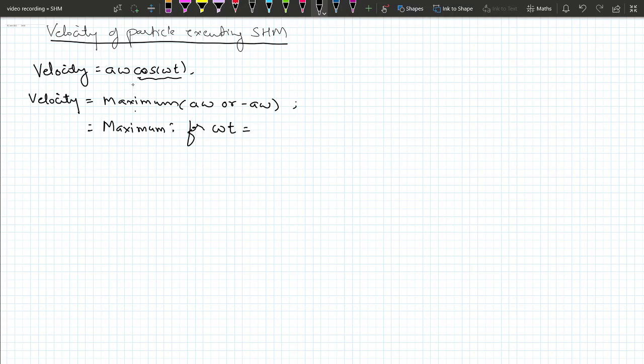So omega t, this is the argument theta, should be equal to n pi, or in general whenever it is 0, pi and 2 pi. The same thing I can write in terms of time. The time should be equal to 0, T by 2 and T.